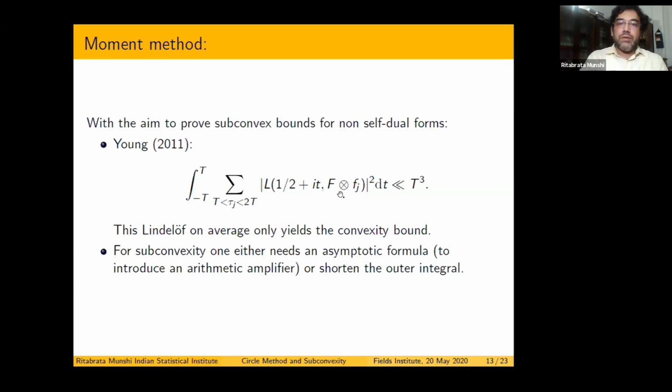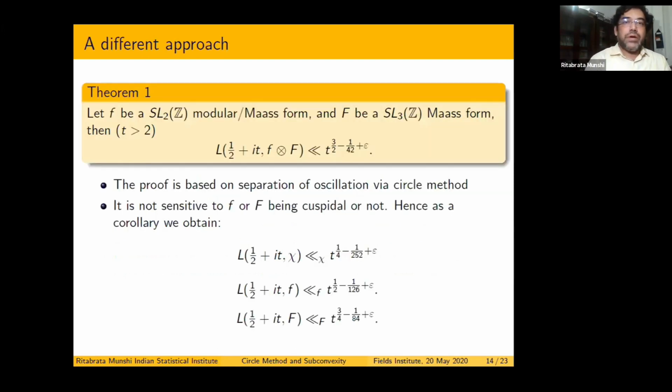To get a subconvex bound, one either needs to get an asymptotic formula here, or needs to shorten this integral to something shorter than length t, which is still open. Now I come to the result that I proved a couple of years back. Here small f is an SL2(Z) form, capital F is an SL3(Z) form.